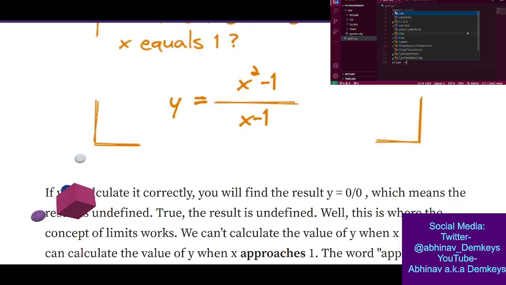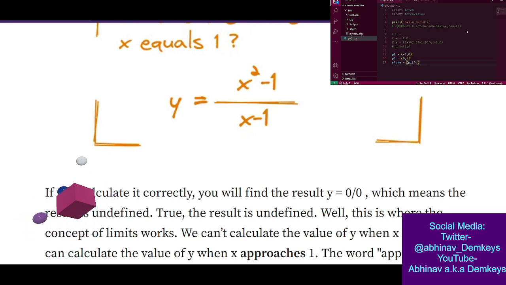Now, if we are calculating the slope, it would be the change in y divided by the change in x, right? So that would be P1, minus P2, no, hold on. P1 dot x. How do we access the thing for a tuple? Is it like this? I think it's like this. Okay.